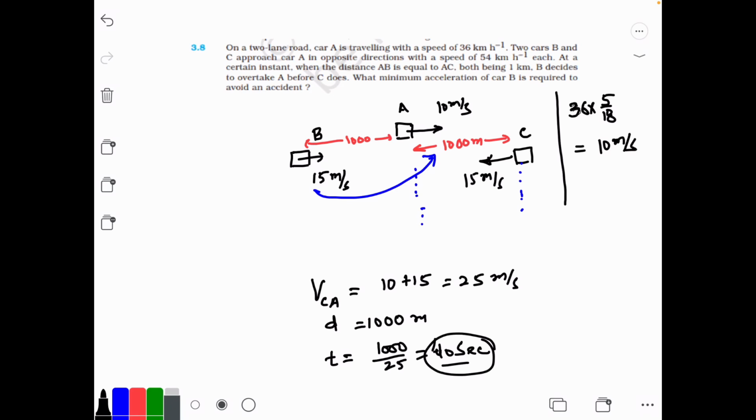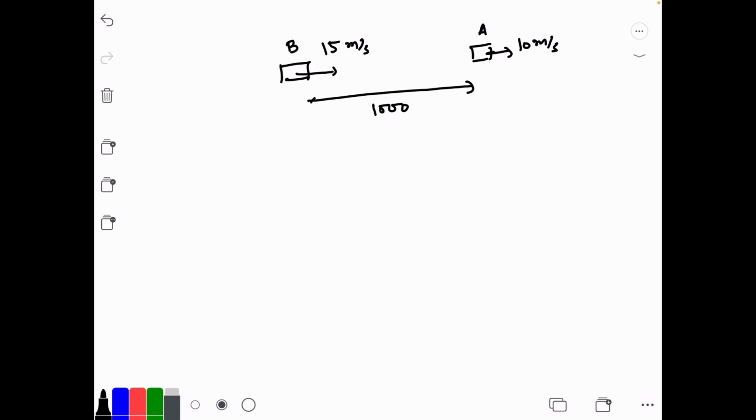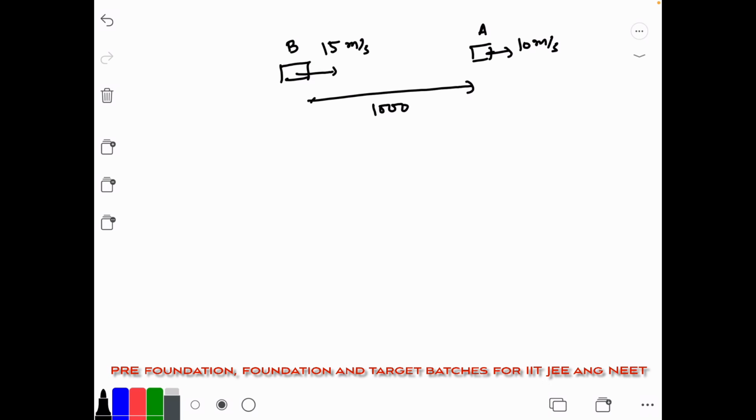So now B is this, and B has to cover this distance. This is 1000 and this is A. A is having 10 meter per second speed. This is B, and B is having initial speed 15 meter per second. So what is the relative velocity?